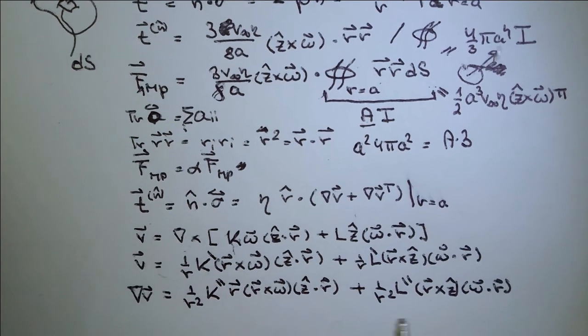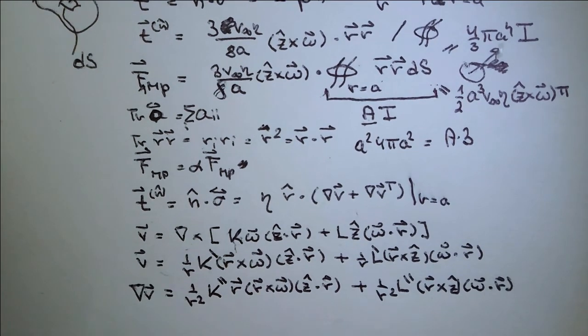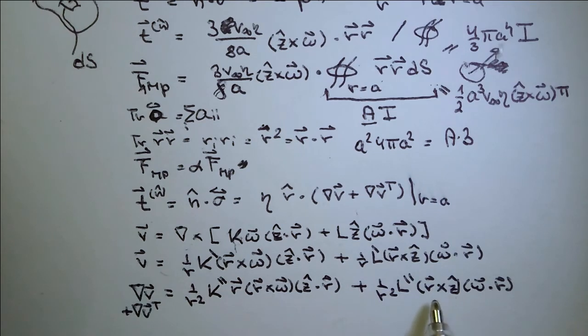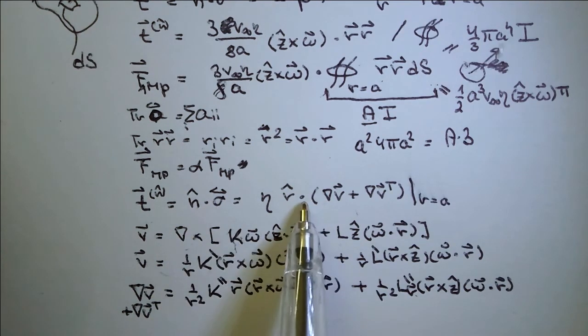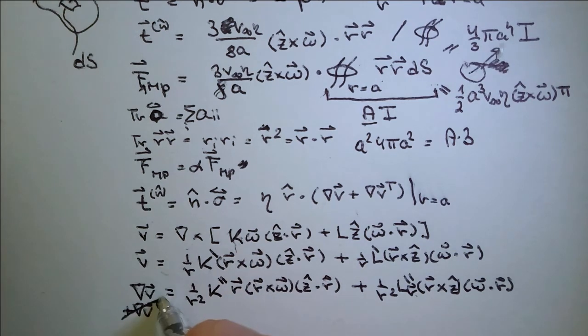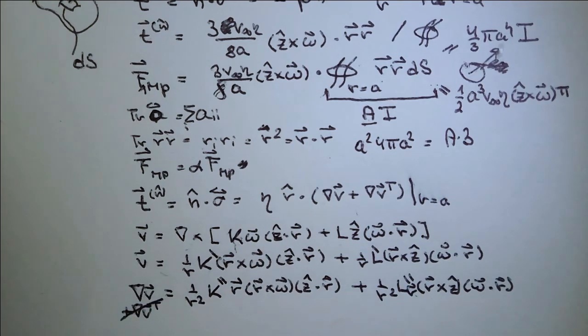Now I have to add this term to our formula, which means switching these two vectors and these two vectors, but it's not necessary because you take the dot product from the left side, and this term is perpendicular to the r hat vector, so this term will vanish if you dot it with r hat.